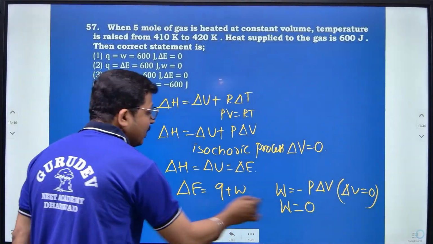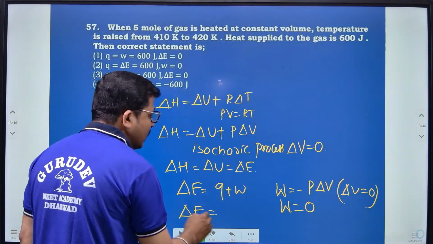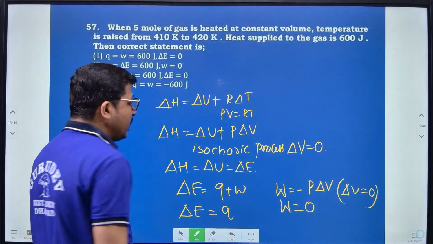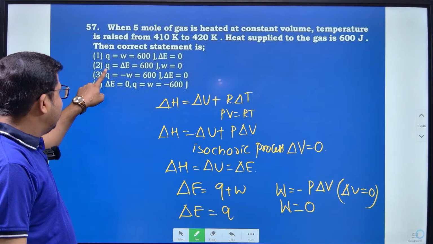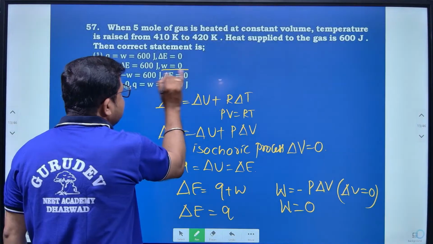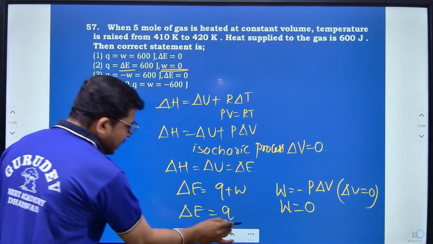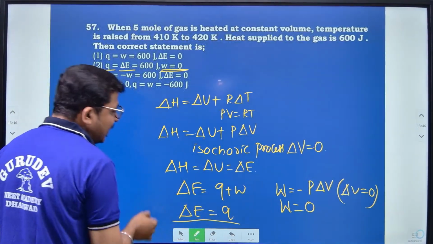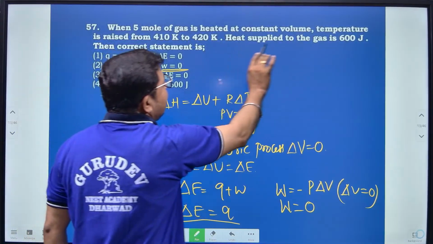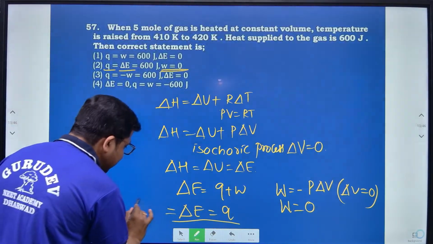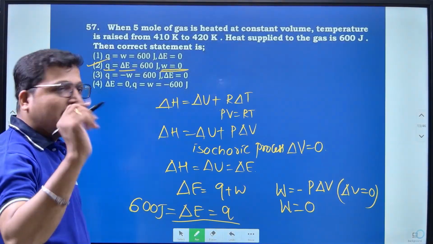Then delta E is equal to Q, because work done is 0. Then the heat supplied Q is 600 joules. Therefore option 2 is the right answer.